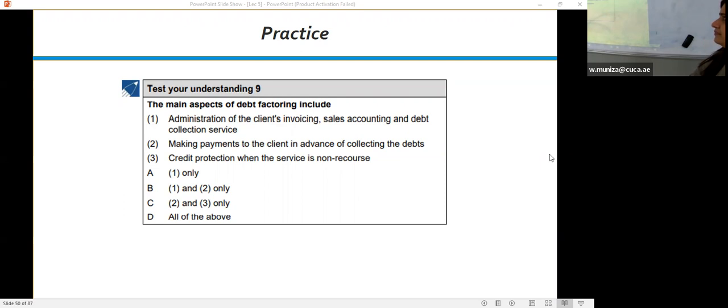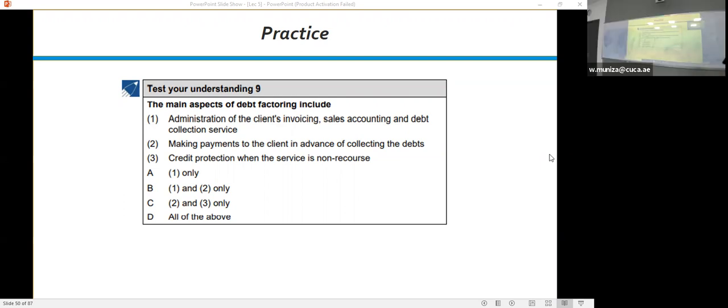But managing client's invoicing and debt collection service are involved. Making payments to the client in advance of collecting the debts, yes. Credit protection is going to be given when the service is non-recourse. Yes. So options 2 and 3 are the correct ones.